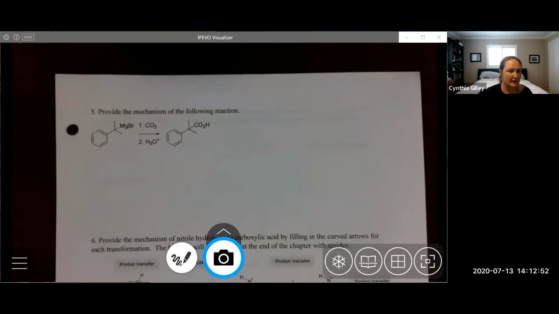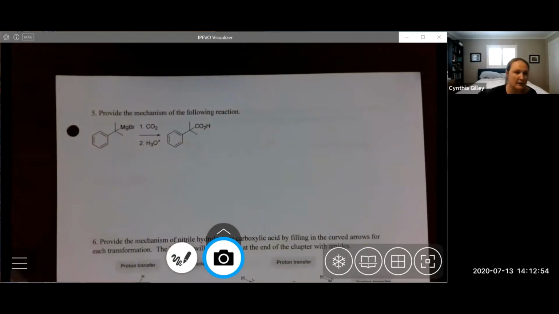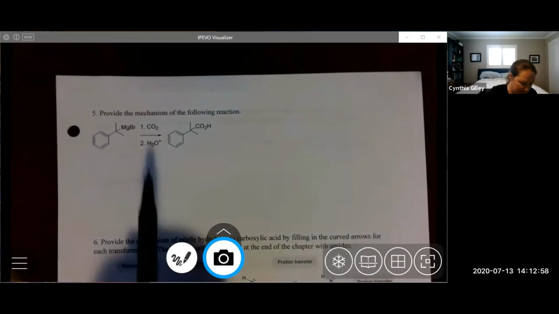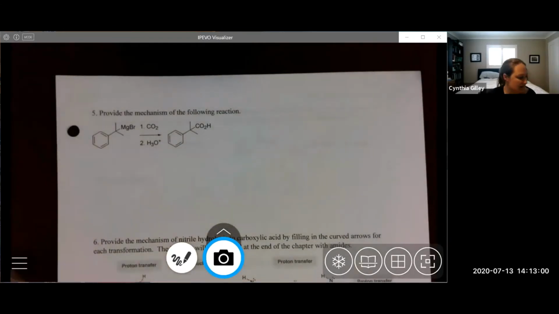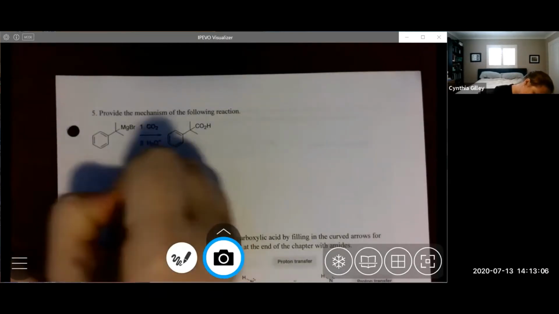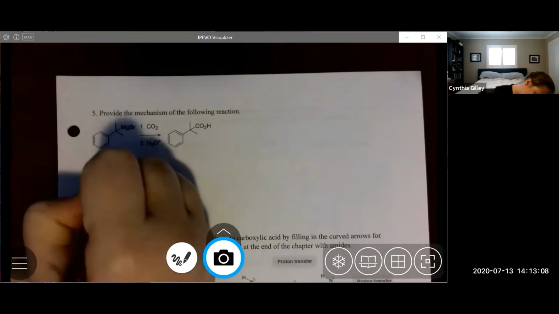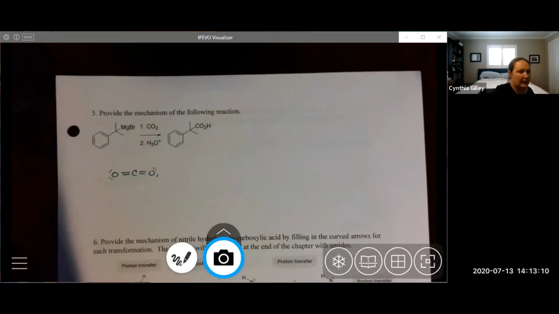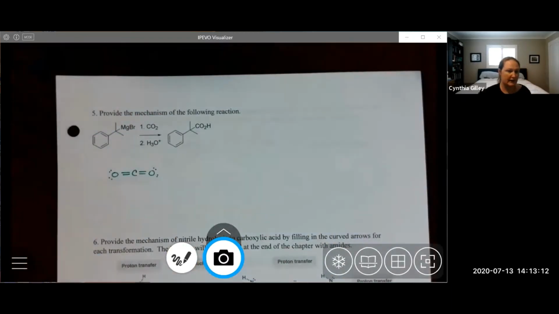And next, look at the mechanism for adding carbon dioxide as the electrophile in a Grignard reaction. So carbon dioxide, like this, and the carbon is electrophilic, being attached to the oxygens.